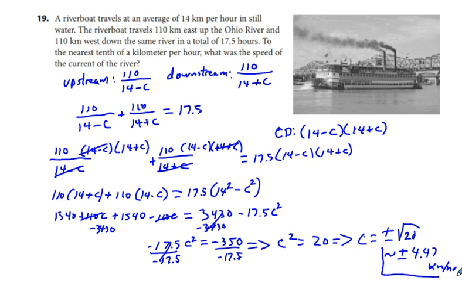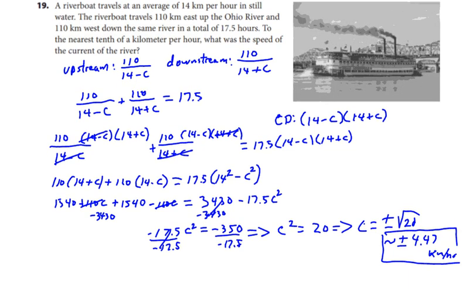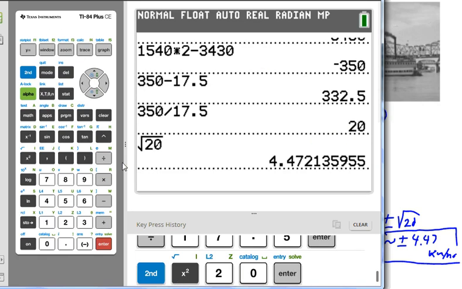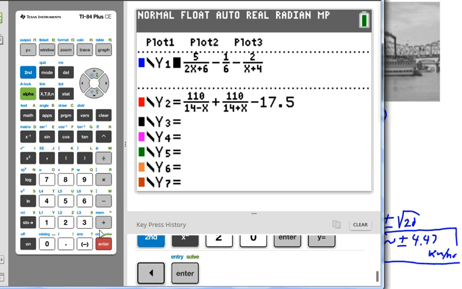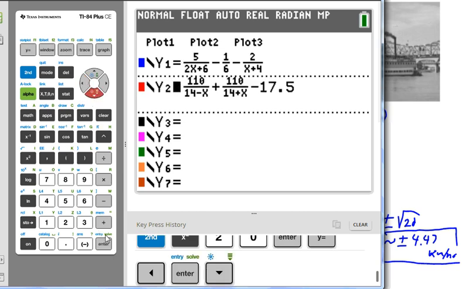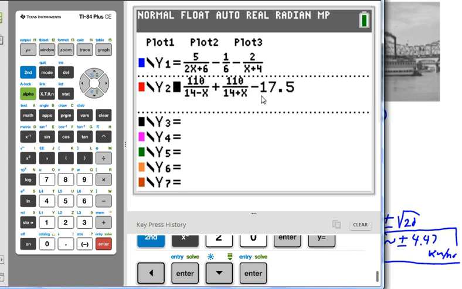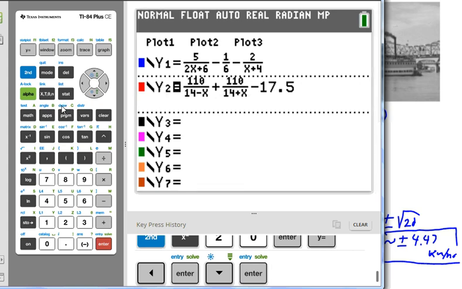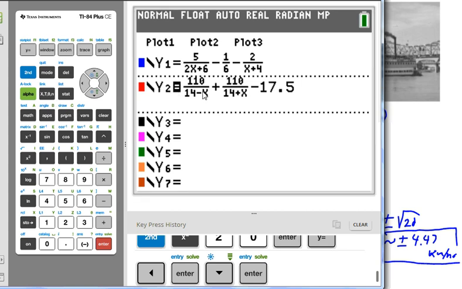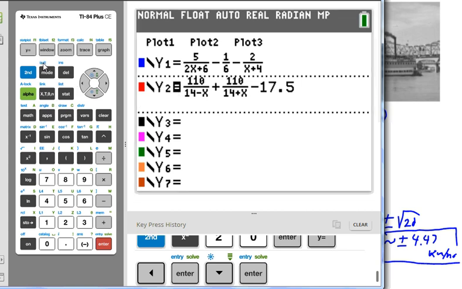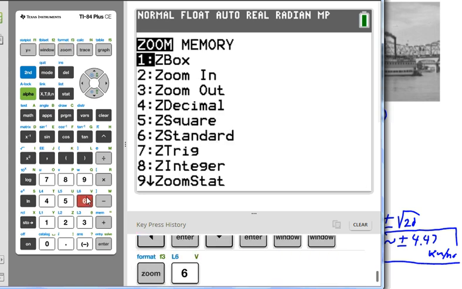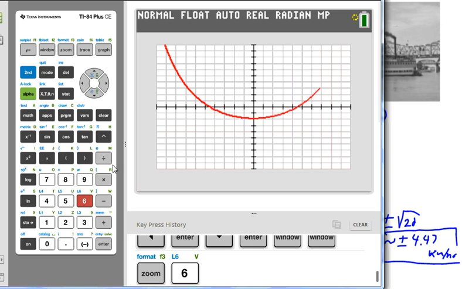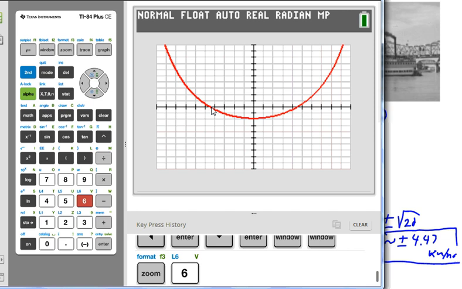Now, one thing I did is I worked this out by putting the equation into the graphing calculator here. I'm going to go ahead and delete that equation. So here we have the equation entered, and we have x instead of c, and I'm going to get a standard window, go to zoom 6, and here's where our solutions are.